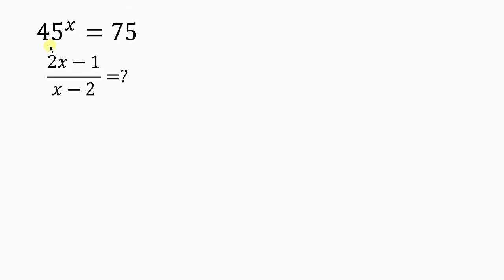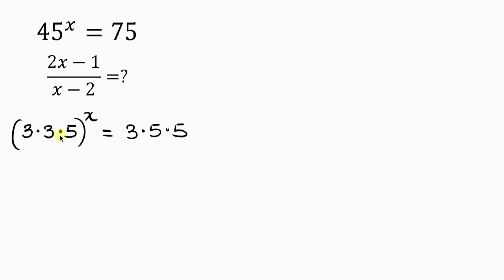Well, our first step will be for us to break down this 45. 45 can be broken down into 3 times 3 times 5, and this is raised to the x. Equal to, now 75 can be broken down into 3 times 5 times 5.